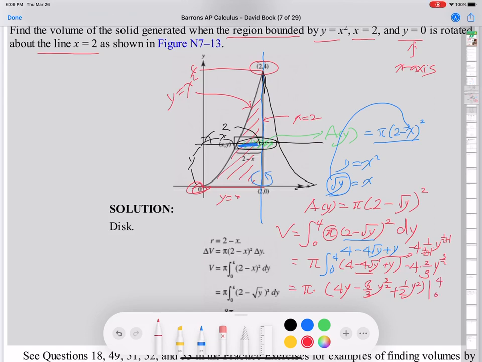Plug in 4, and then plug in 0. If you plug in 0, everything is 0. So just plug in 4.